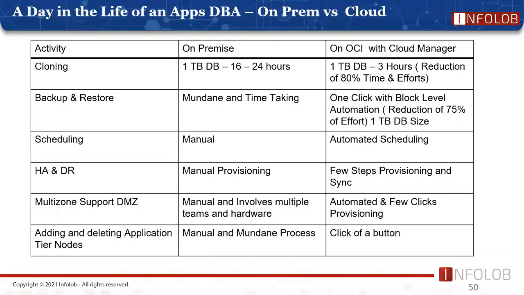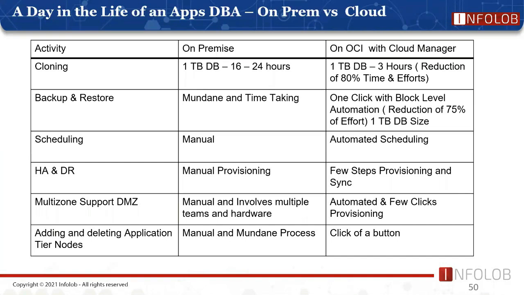So in the last 2 minutes, I wanted to spend some time on a day in the life of an Apps DBA, on-premise versus cloud, because DBAs are very busy on-premise doing cloning, taking backups, and all those things. We have done a study: if I take EBS instances with 1 terabyte of database size, it takes around 16-24 hours to clone an environment on-premise.